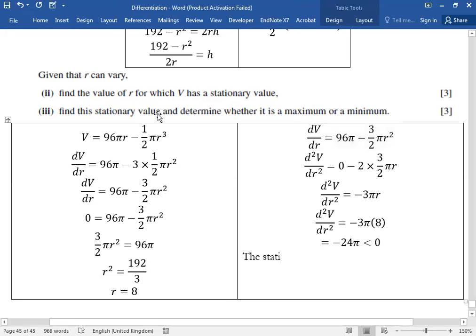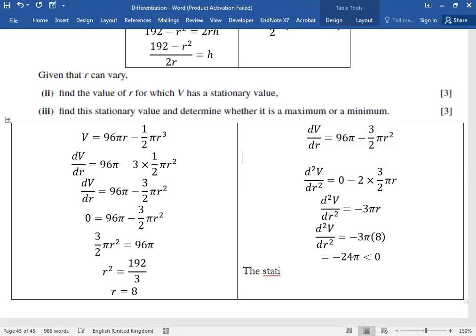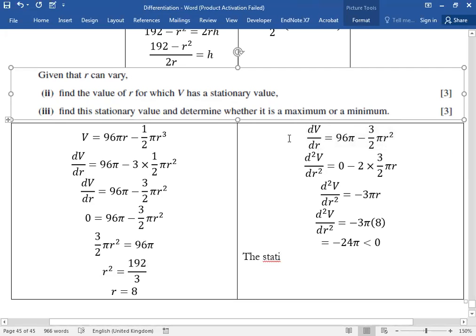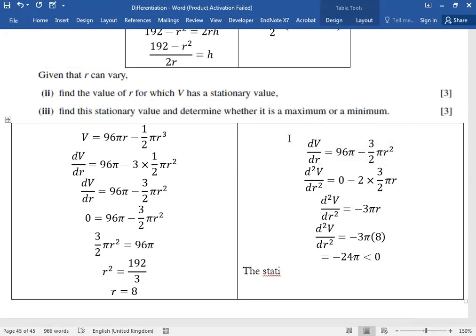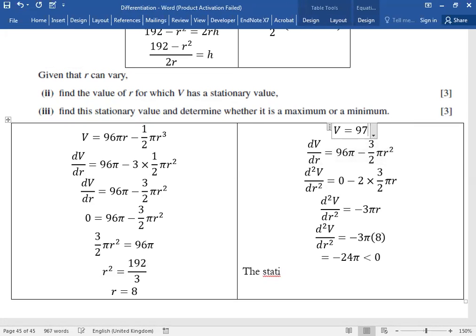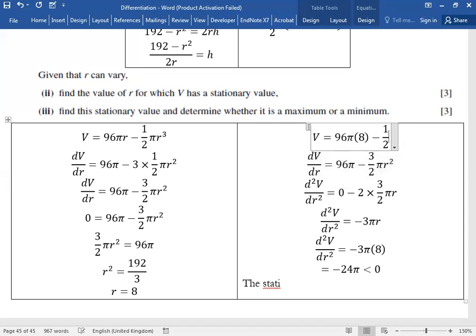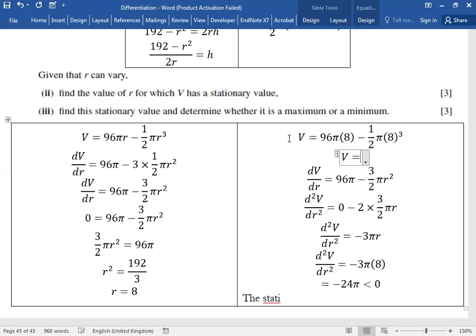Okay, we also have to find the stationary value. How do we find the stationary value? V is 96 pi into 8 minus half pi into 8 का क्यूब. बताओ क्या आ रही है v की स्टेशनरी वैल्यू?